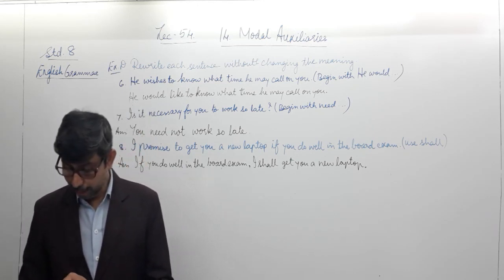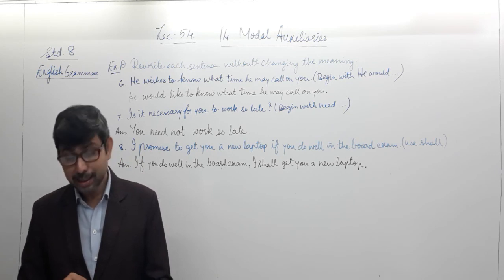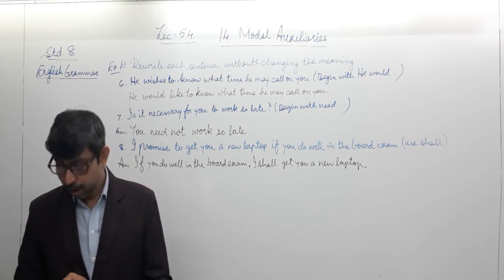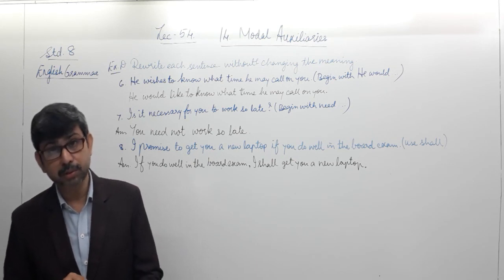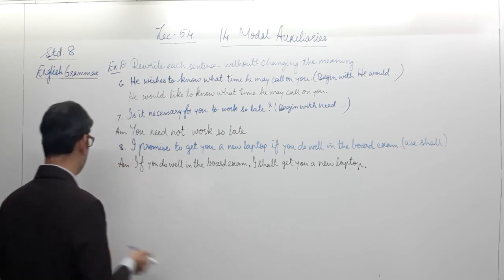The next one, number 9. He hasn't the courage to oppose his family, and in the bracket we have been given the word dare. Let's write the question followed by the answer.